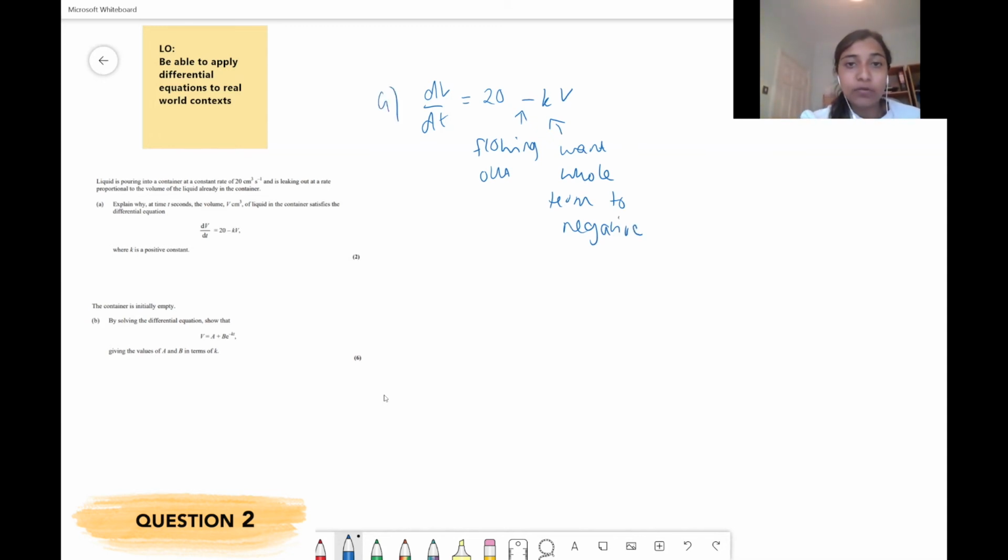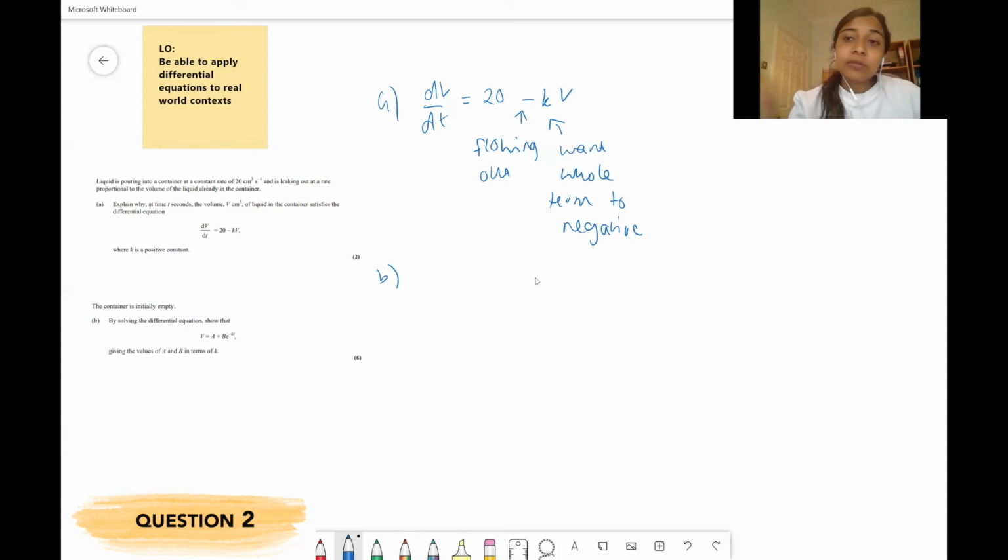So now if we move on to part B, it says by solving the differential equation, show that V equals A plus B e to the power of minus kt, giving the values of A and B in terms of k. So to do this, we want to separate the variables by putting all the variables of V on one side, all the variables of t on the other side.